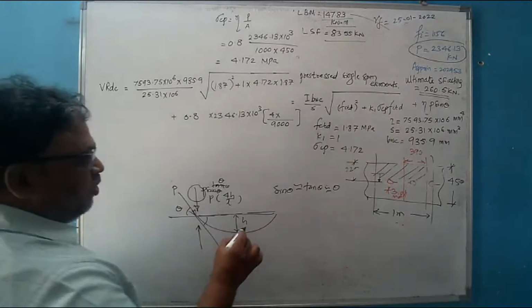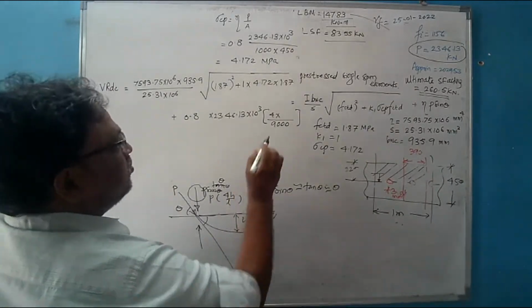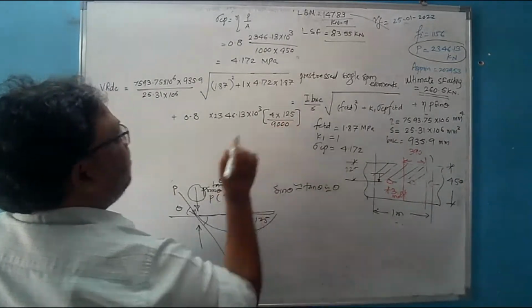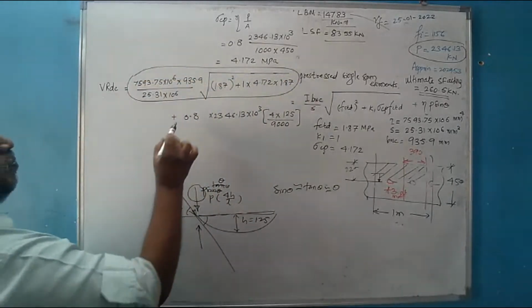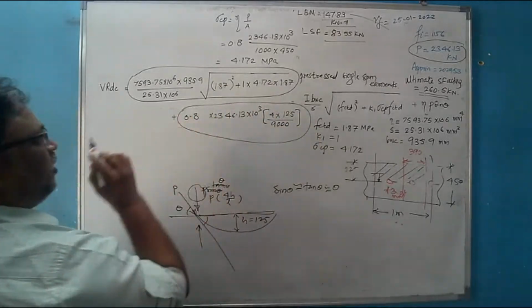Okay, fine. This was 125 mm. So this is 125. Please solve this. This is the contribution, plus this is the vertical component of the cable.